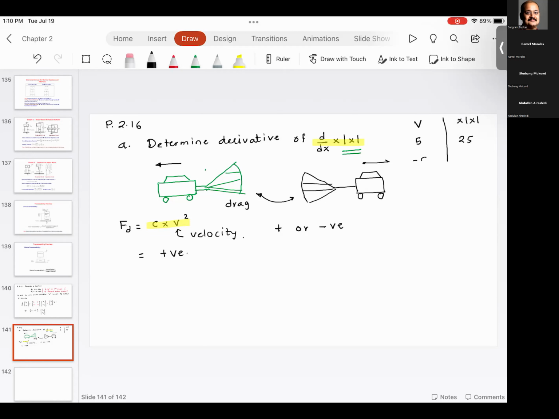If your velocity is -5, your drag force is going to be -25. So in other words, the sign or the direction of the force is captured. But the problem here is, how do we take the derivative of this? Does anyone know how to take the derivative of a sign function? Sign.